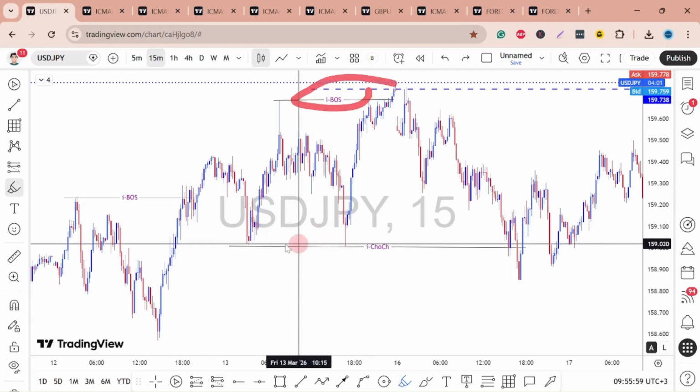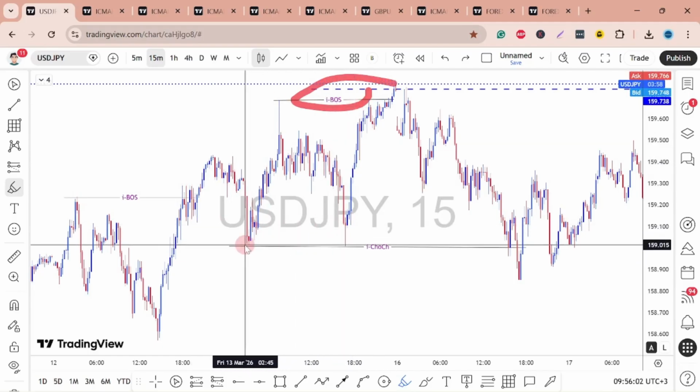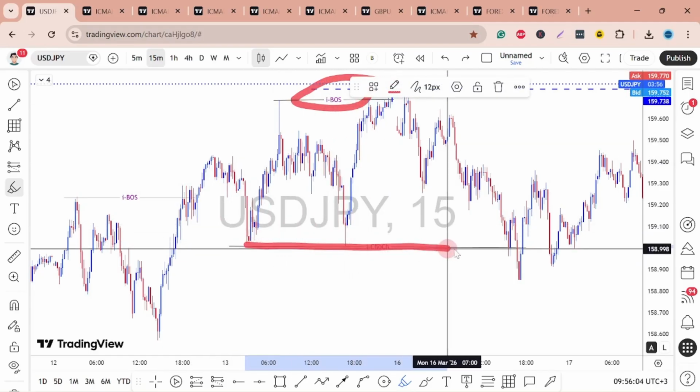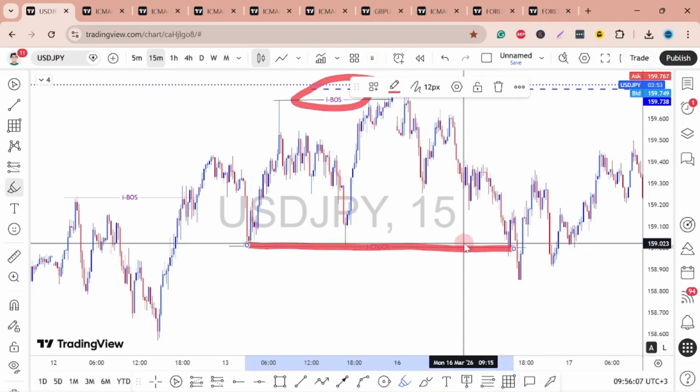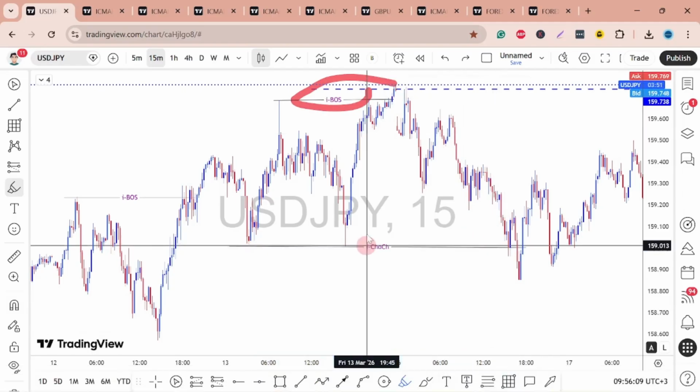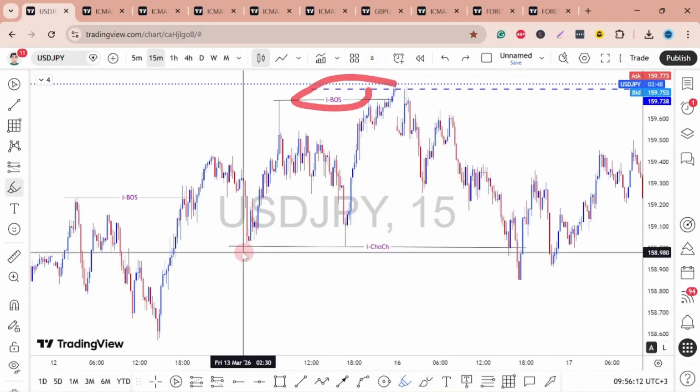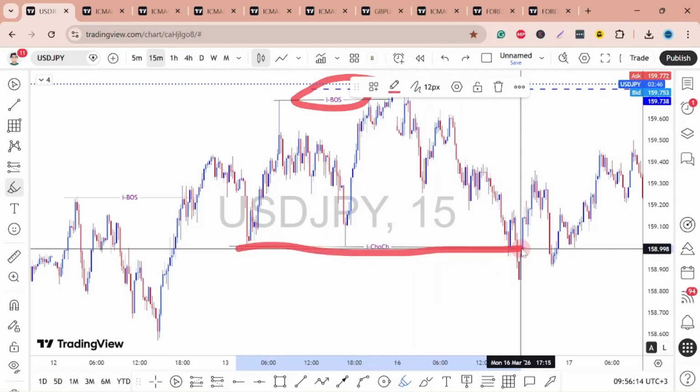At this particular point, I highlighted the last swing that caused the last break of structure. That is now what we call the change of character.